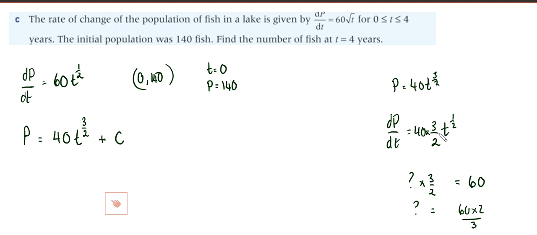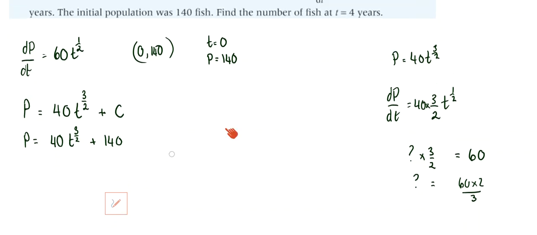You might see that in textbooks or in videos, but this is how I go about it. If you want to find a different way and work with that, then go for it. Okay. What's C? Well, this one's nice and easy because 0, 140 means that the C is just the 140. This is where, although this seems like the hardest question, it's actually nice and easy.